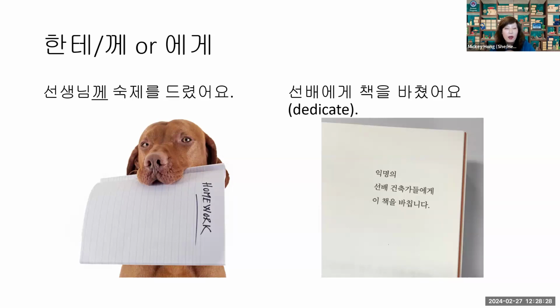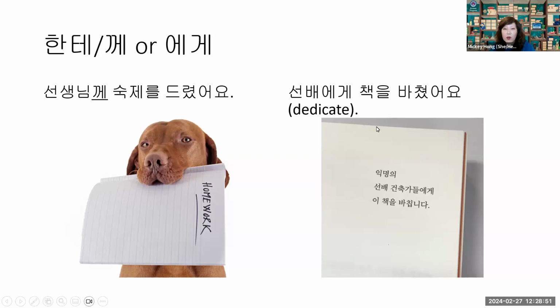This is not honorific, it's humbleific, because you are the one performing the action, but you're giving something to an older person. Okay, so it's 드렸어요, humbleific, not honorific. Honorific is the actual actions of the elder or the superior.